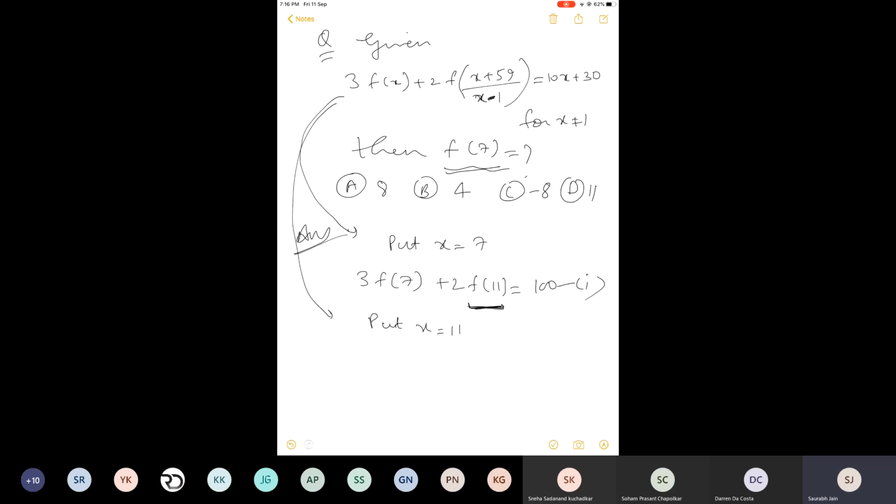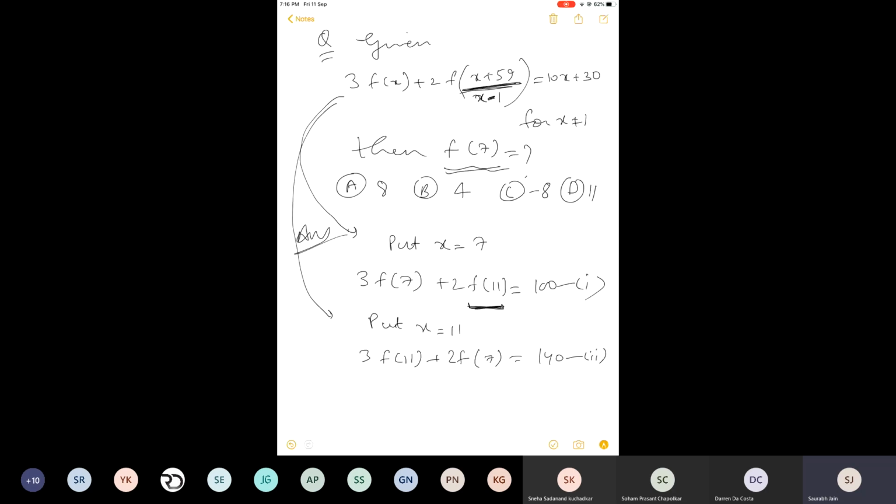By putting x equal to 11. Let us put x equal to 11 here also. Here also, 11 plus 59 is 70 and 11 minus 1 is 10. 70 by 10 is 7. That's perfect because now we can solve. And in the right hand side, 10 into 11, 110 plus 30, 140.